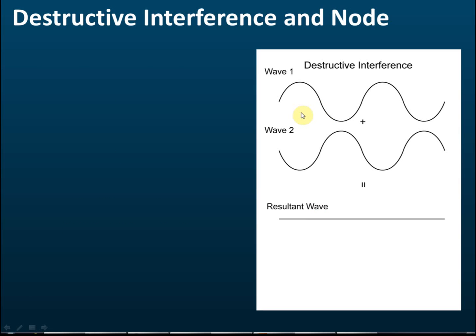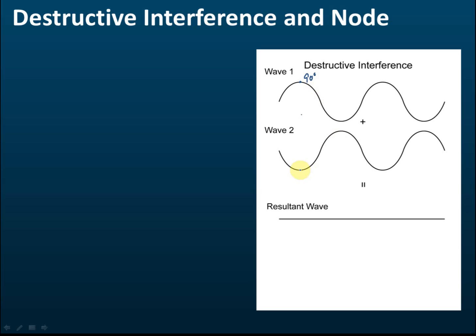Then how about destructive interference? Destructive interference occurs when two waves that are antiphase superpose with each other. Now let's see this example. These two waves are antiphase. Now how do we know it's antiphase? For wave 1 at this point, what's the phase? We have learned this before. So the phase at the crest here is 90 degrees.